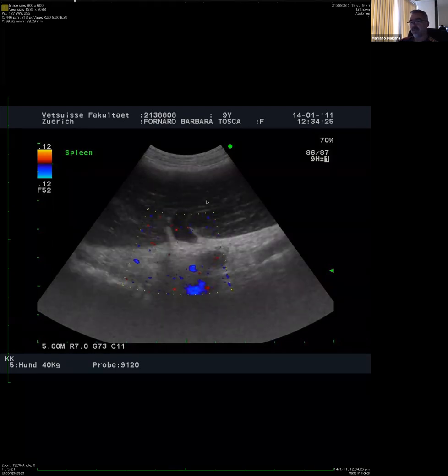Seems enlarged, and then it seems darker. You can call it hypoechoic. You can call it darker, but basically it's diffusely hypoechoic, and the echo texture seems to be more coarse, with that granular look. There is a name to that, but I also forgot. Maybe someone remembers.